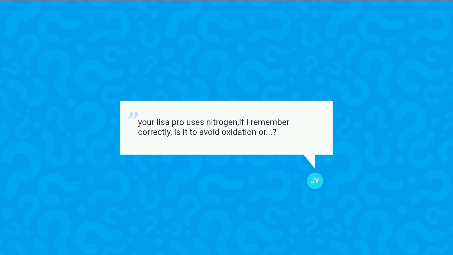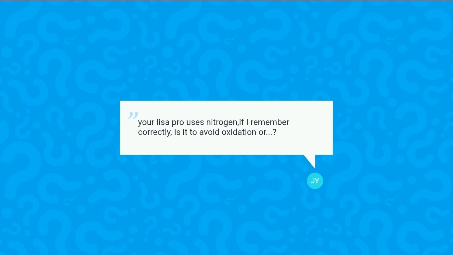So next question is, your Lisa Pro uses nitrogen, if I remember correctly. Is it to avoid oxidation? So yes, but not only nitrogen. We have a gas inlet in Lisa Pro, and you can in fact put other gas also. However, nitrogen is good for PA11, for example.